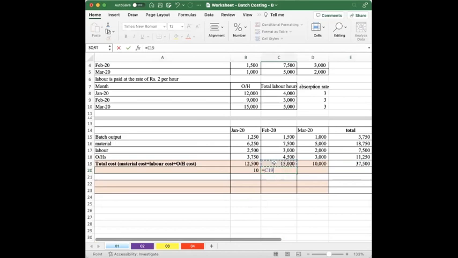Now you have to get the total cost 15,000 divided by number of units that are in the batch. Okay, again for month of March, total cost divided by number of units that are in this batch output. Okay.